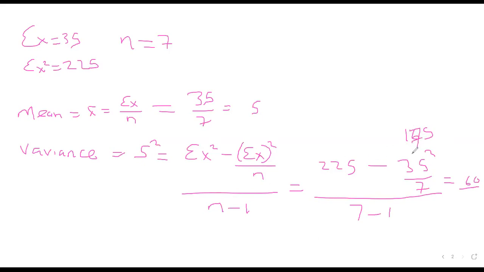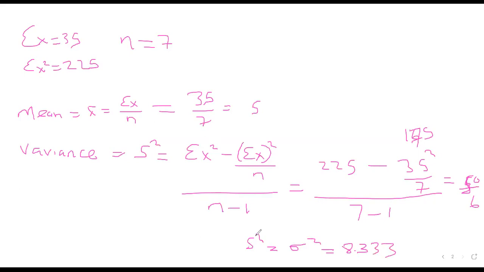So 225 minus 175 is 50. 50 divided by 6. Our variance becomes 8.333.